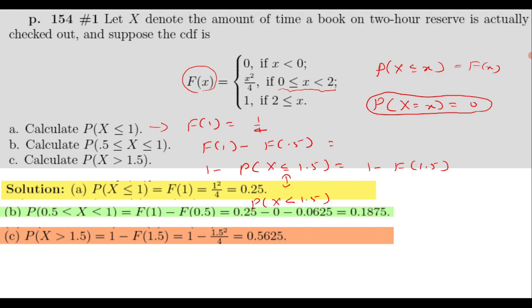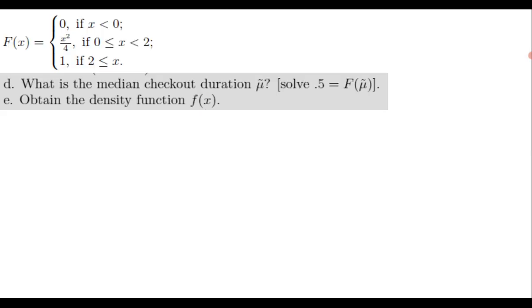The same question has a few more parts. The next part says that we need to compute the median. Median means those values of x for which F of x is 0.5 or 1 by 2. Now F of x is defined as x square by 4.